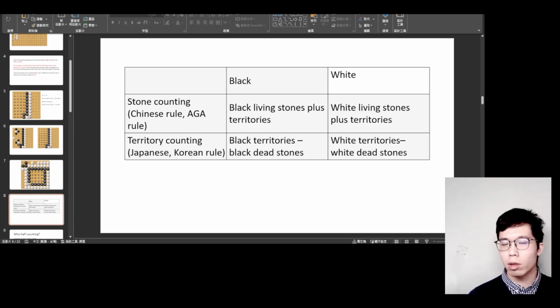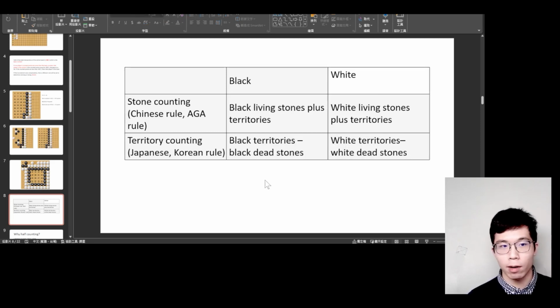Let's see. In the stone counting, we are comparing the black living stones plus territories to white living stones plus territories. In the territory counting, we are comparing black territories minus black dead stones to white territories minus white dead stones. They look similar. The only difference is that one counts the living stones, one counts the dead stones.